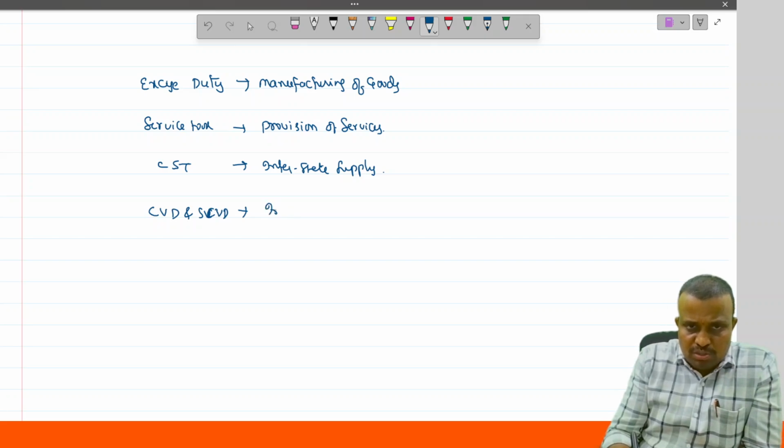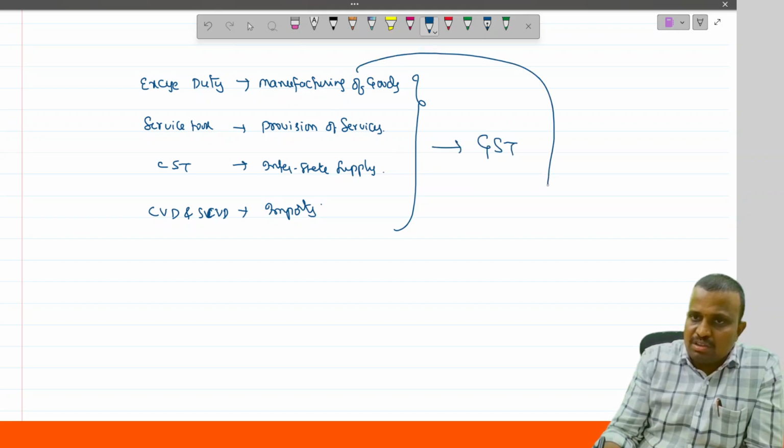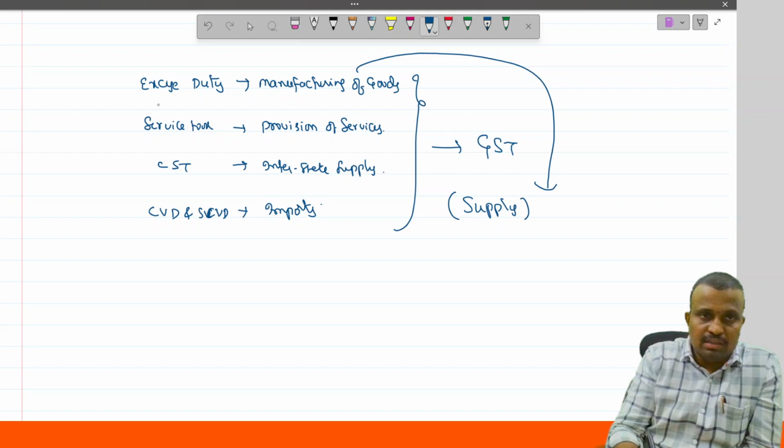So these are all imposed on imports of goods. And these are all subsumed under the purview of GST, and all are covered under one definition called supply.